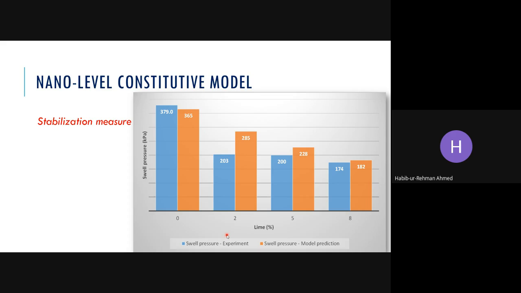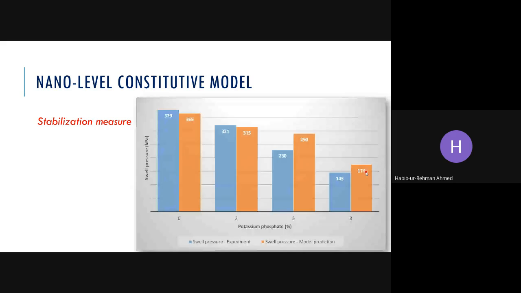And this one was using lime also. For example, this one was 0% lime. When we use 2% lime, you can see this 203 versus 285, 5% 200 versus 228, and 8% lime 174 versus 182. And similarly, we did it for potassium phosphate, and you can see here again a very close comparison of experimental results with the model prediction.